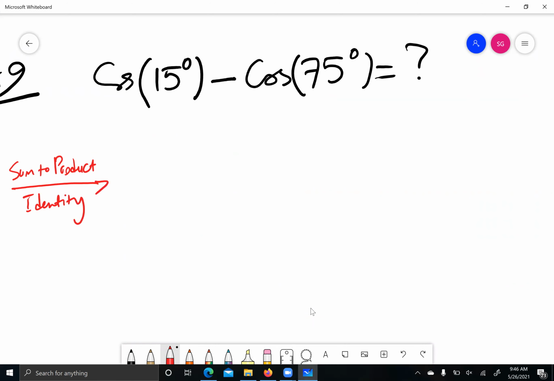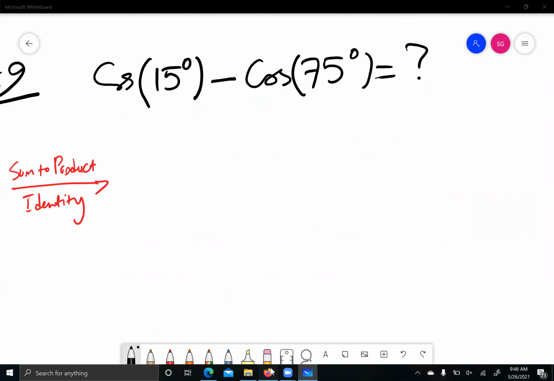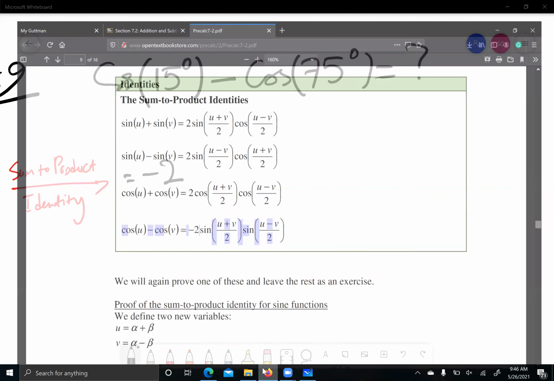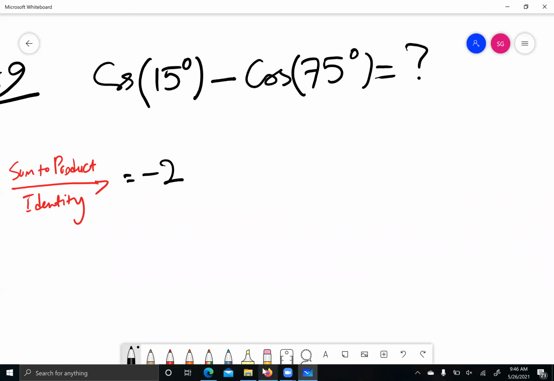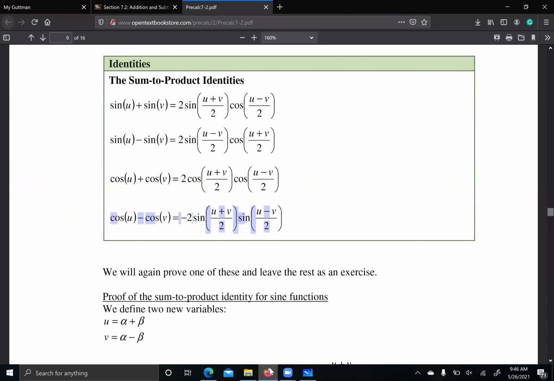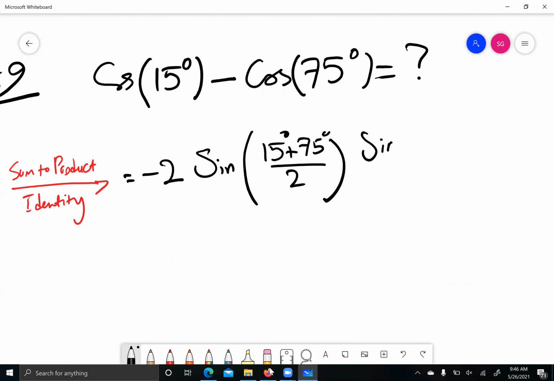So it's gonna be what? It's gonna be negative 2, so it's gonna be negative 2 sine of the average of those angles, which means 15 plus 75 divided by 2, times sine of the difference of those angles divided by 2.